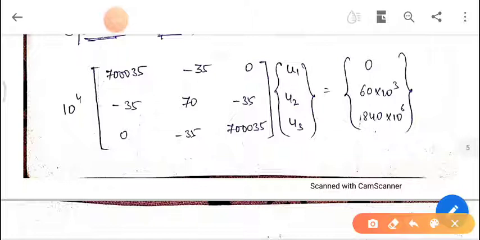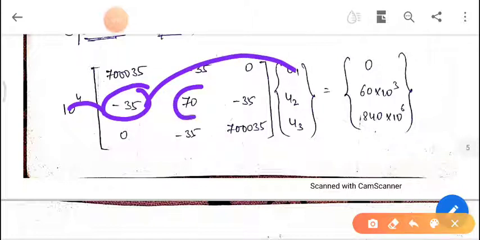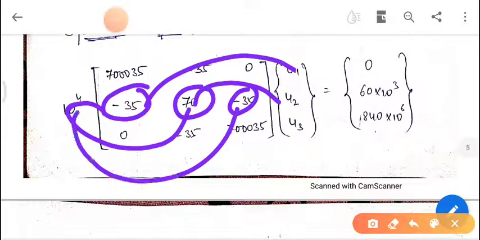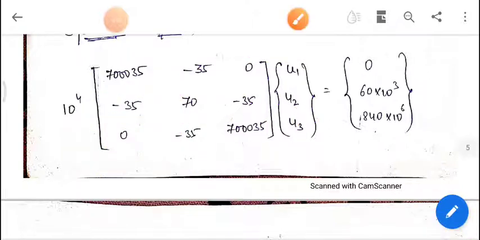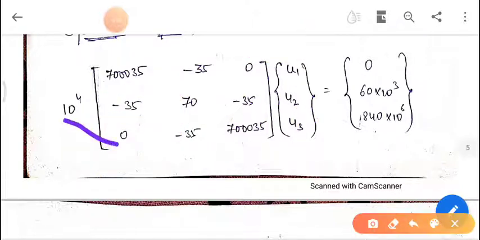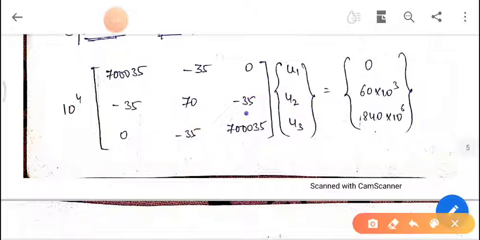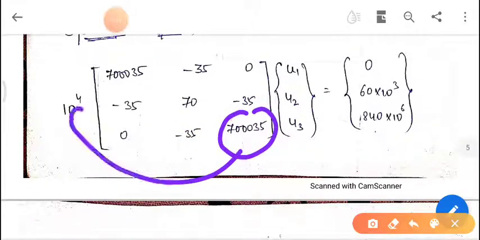Similarly we have minus 35 into 10 raised to 4 into U1, 70 into 10 raised to 4 into U2, minus 35 into 10 raised to 4 into U3. Similarly, 0 gives 0, minus 35 into 10 raised to 4 into U2, again 735 into 10 raised to 4 into U3, which is equal to 840 into 10 raised to 6.